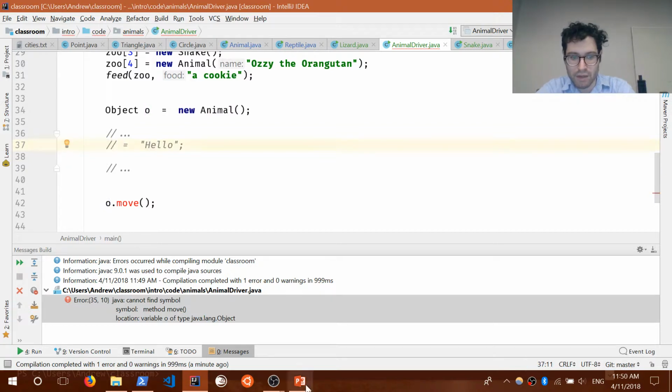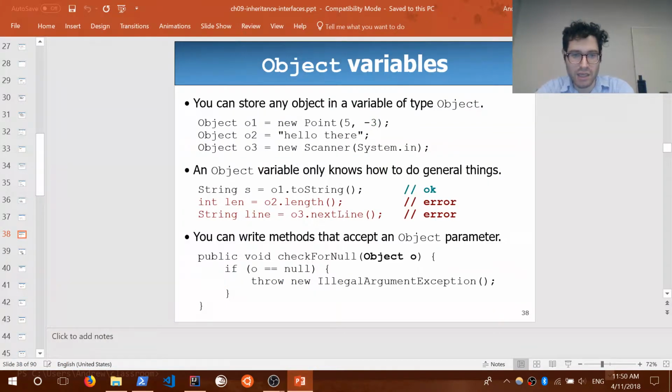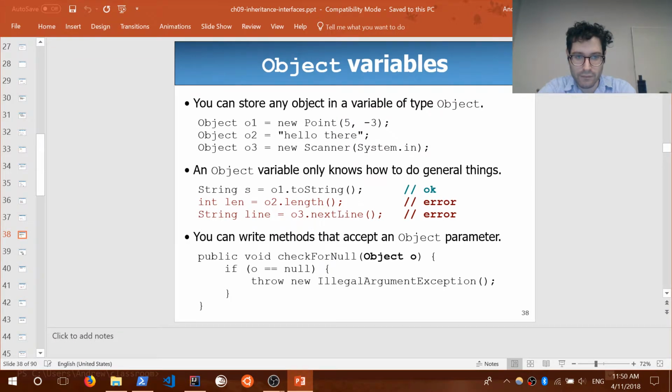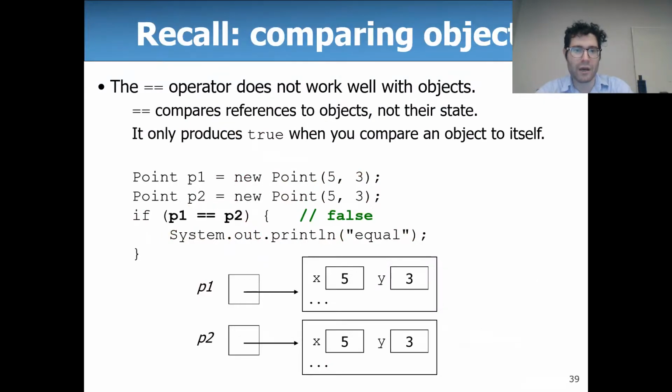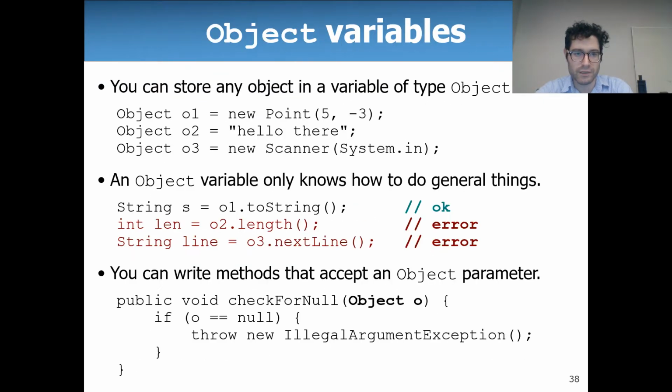So we'll get into this in a second, but for anything that's an Object variable, you can only use the stuff that objects know how to do, which is toString.